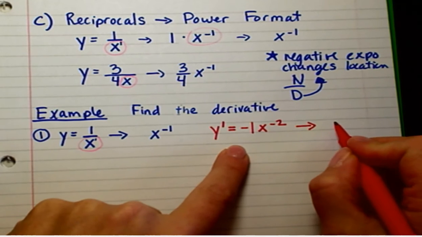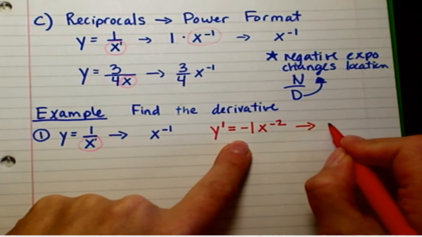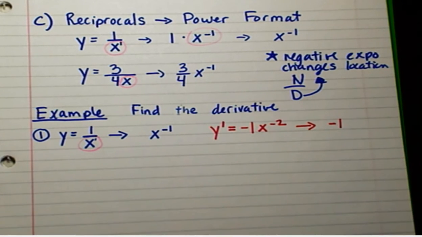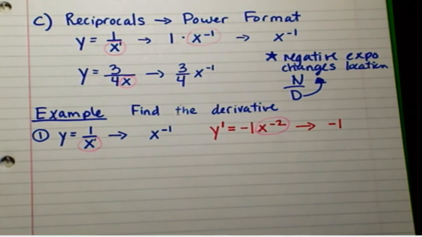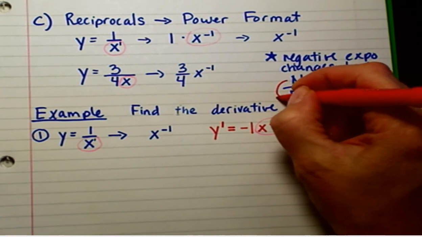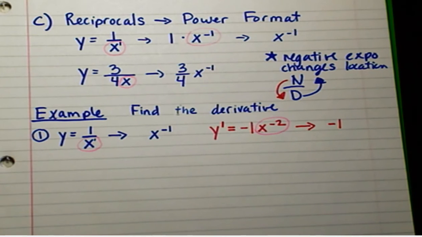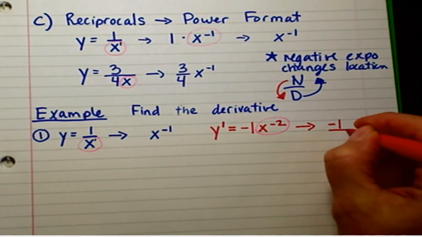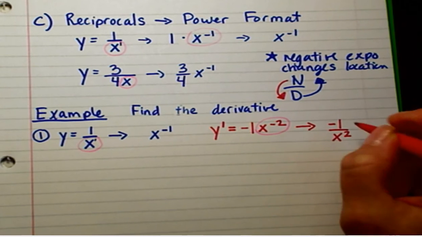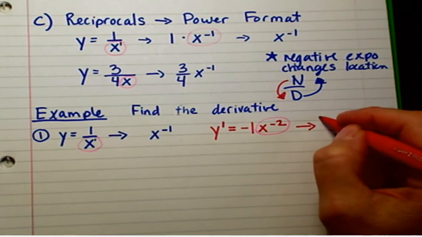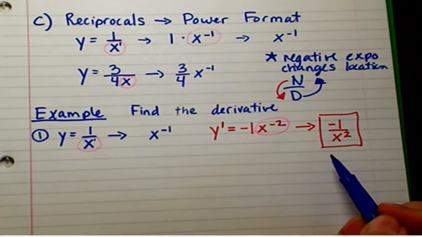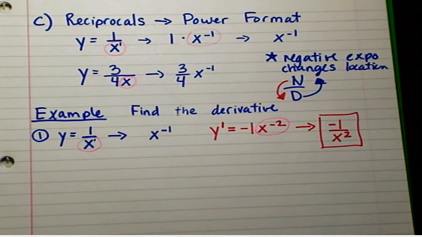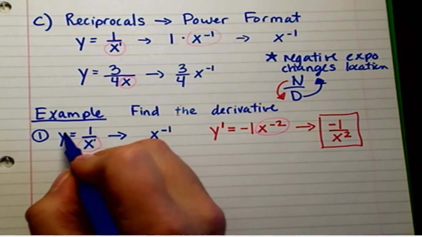So the negative 1 stays and the x is the only thing that's moving. If you want to move a numerator to the denominator, you change the sign. So this becomes x squared in the denominator. All right, this is the final answer, all the way back to the reciprocal format. This is where we started.